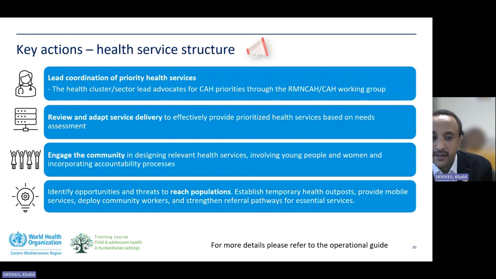And it is extremely essential to engage the community. We cannot plan for services provided to the community without the community, especially women, young people, adolescents. We need to have them with us from the start while designing and implementing the service deliveries. And we all know that with emergencies also come some opportunities.